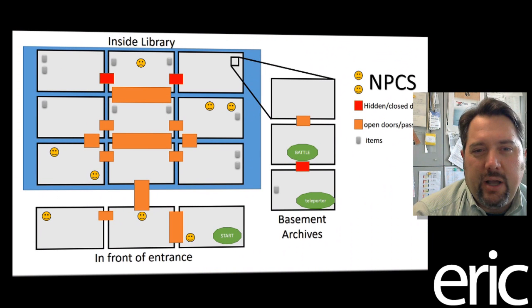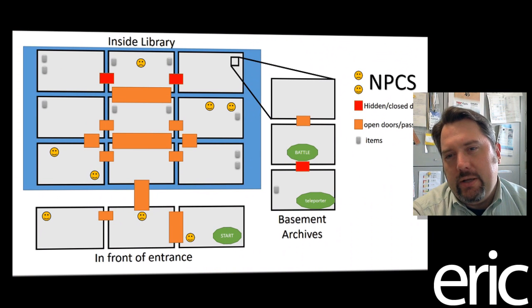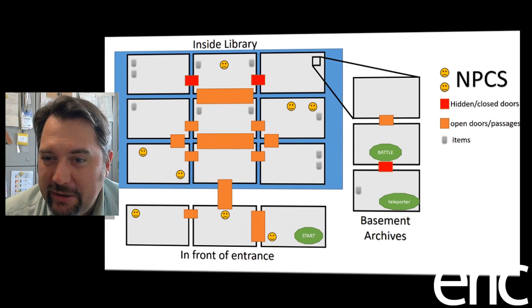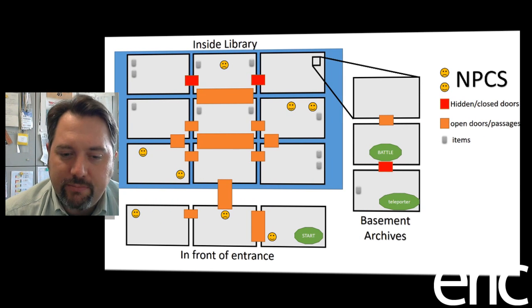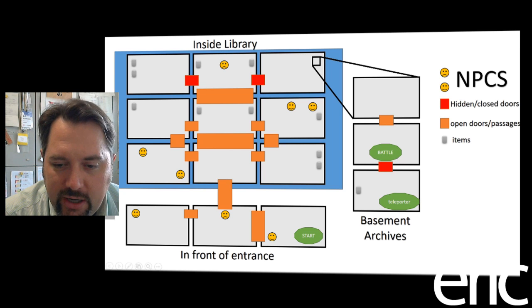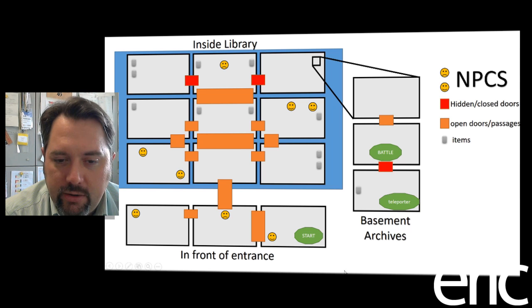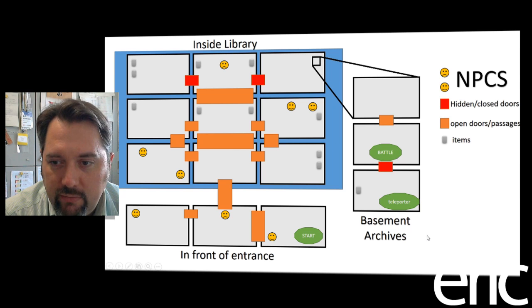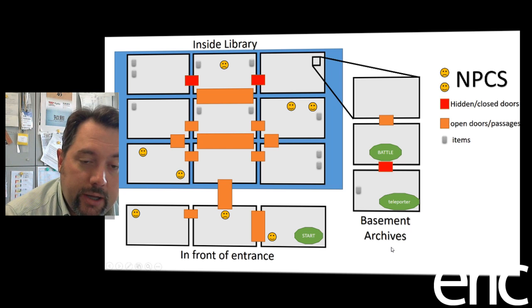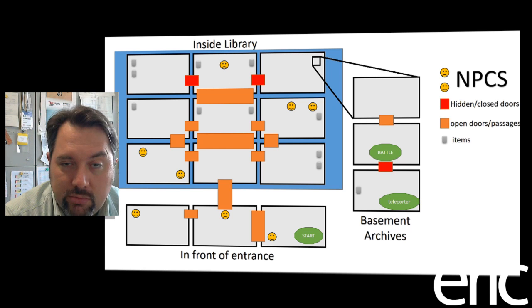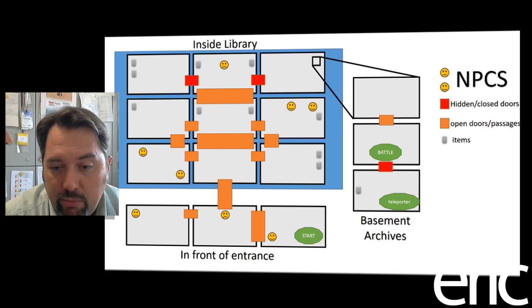And here we have a basic outline of what I think the world map should look like. So you start outside of the library, and there's 1, 2, 3, 4, 5, 6, 7, 8, 9, 10, 11, 12, 13, 14, 15 screens. Again, this is negotiable, whatever works best for the gameplay.